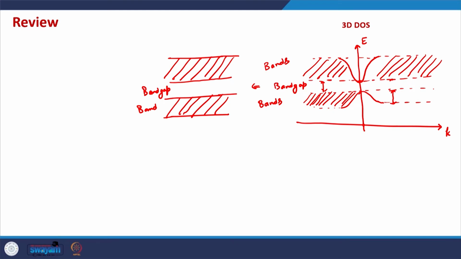This is the situation in semiconductors. There are various such bands. Among them, the highest occupied band is known as the valence band, and the lowest unoccupied band is known as the conduction band.